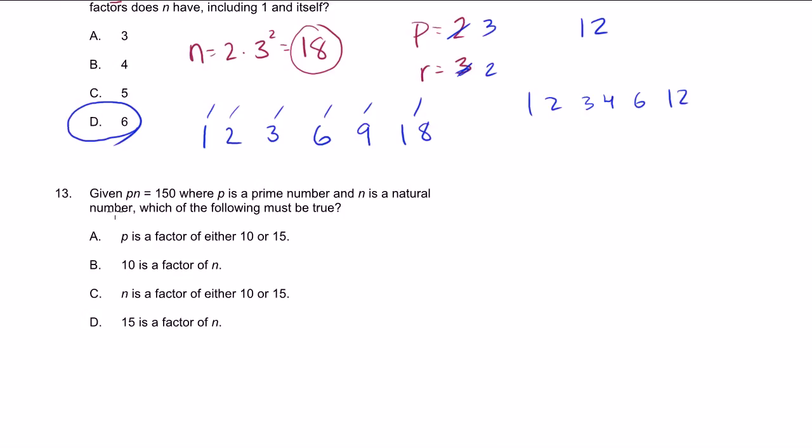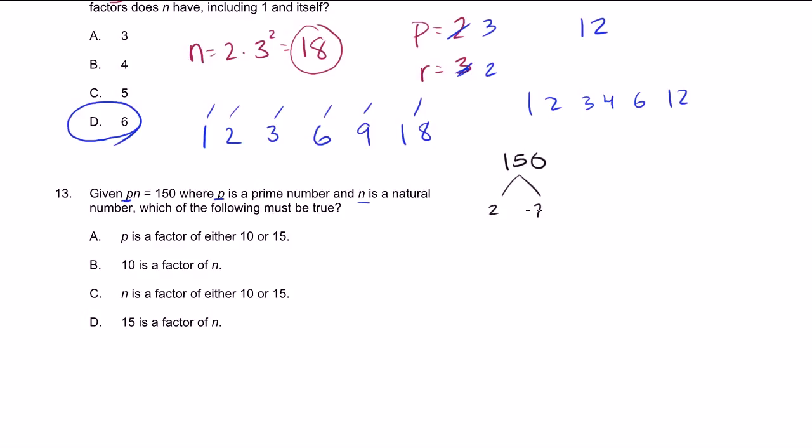Problem 13. Given p times n is equal to 150, where p is a prime number and n is a natural number, which of the following must be true? So let's just think about it. What are all the possible values for p? To do that, we'd have to figure out the prime factorization of 150. So 150, let's do its prime factorization.